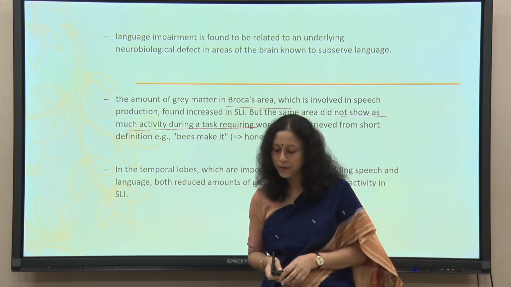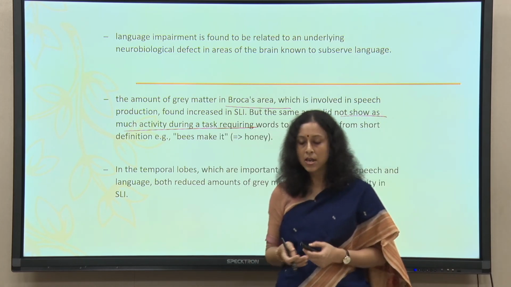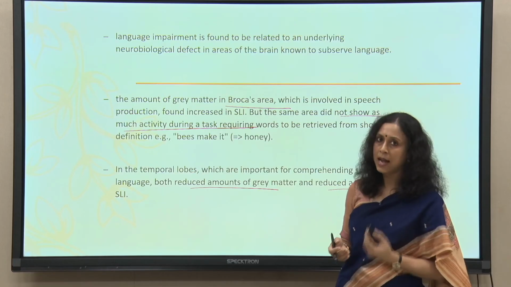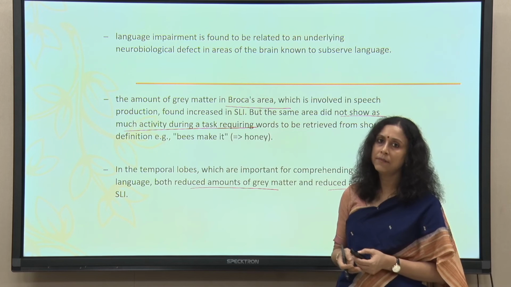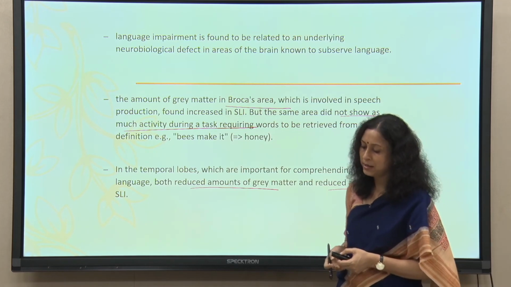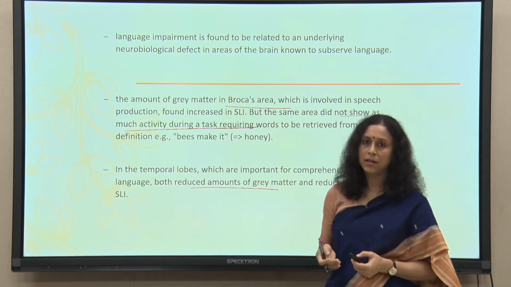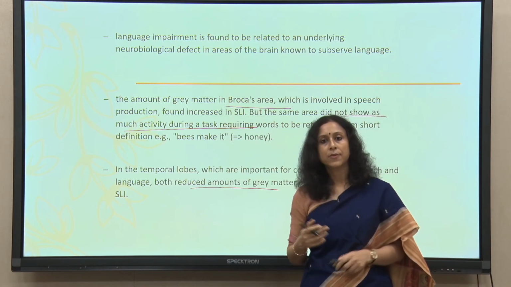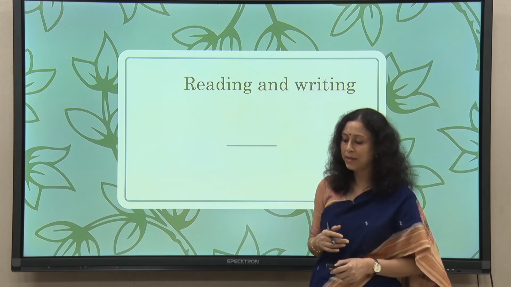In the temporal lobe, which is important for comprehension of speech and language, the gray matter is reduced and activity is also reduced. So, in Broca's area, the production area, heightened gray matter but lower activity, and in the temporal lobe, roughly Wernicke's area, the amount of gray matter is reduced as well as the activity level.